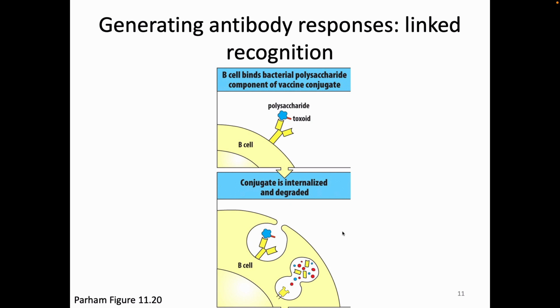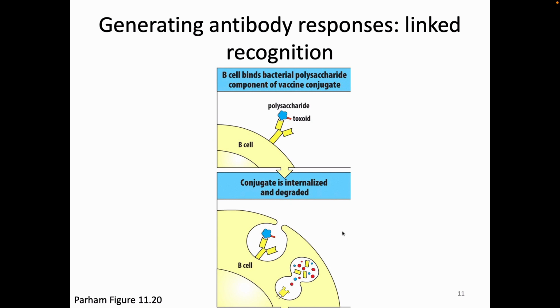So the way that we actually deal with this is what's shown here, which is that we take a protein. Again, we don't have to call it a toxoid. We'll just call it a protein. It's a little red thing. And we actually physically attach it to our polysaccharide antigen.